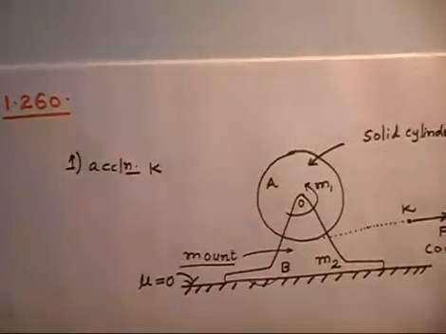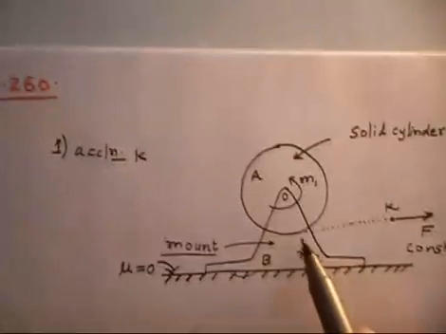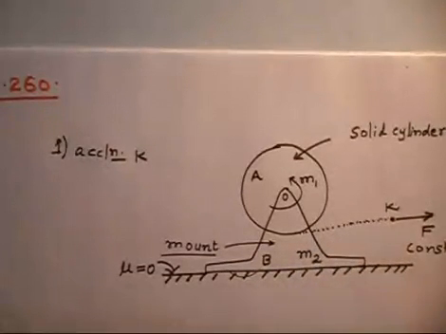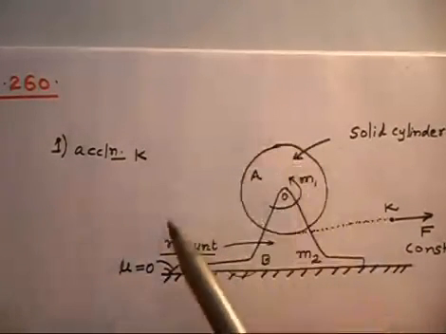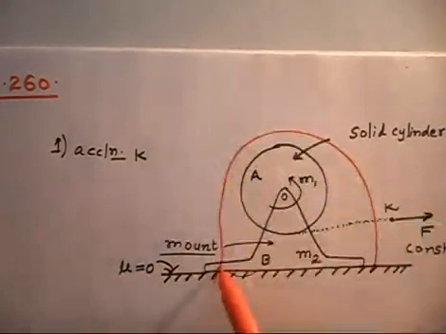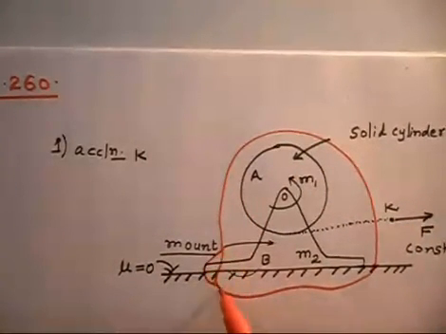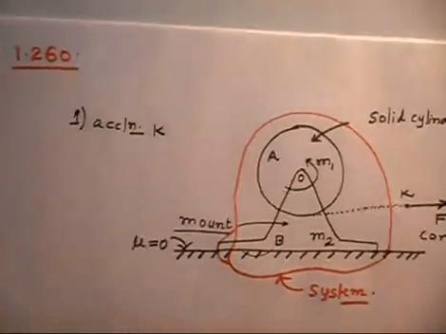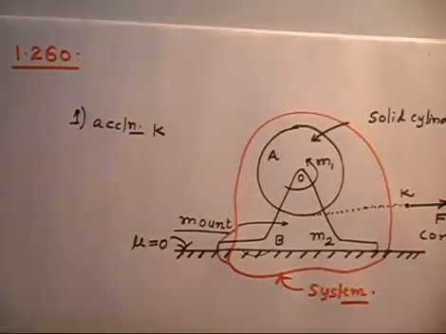So how will we find the acceleration? Now see, the point K is on the thread. If I assume this whole thing as my system, this includes this part, then the external force F is acting.